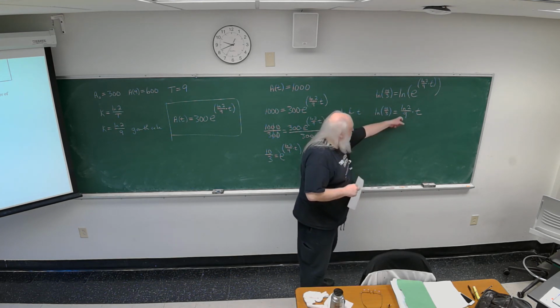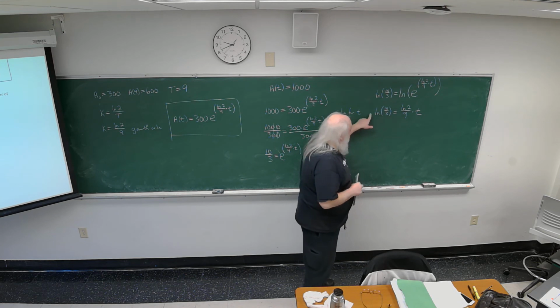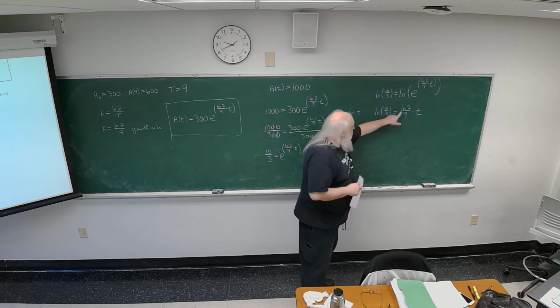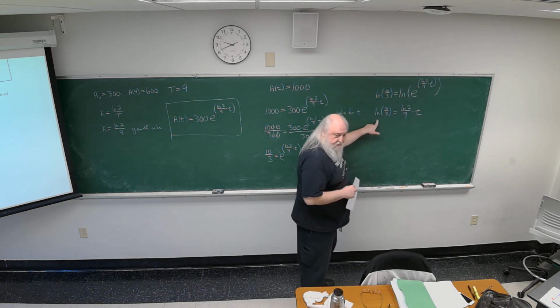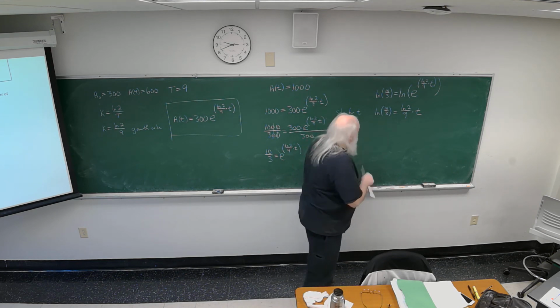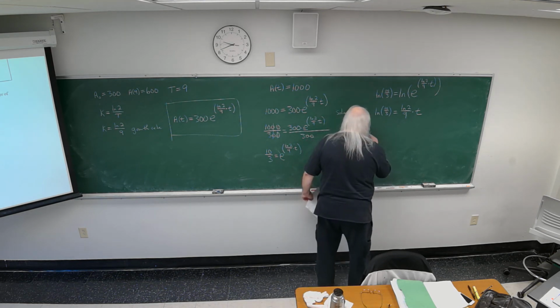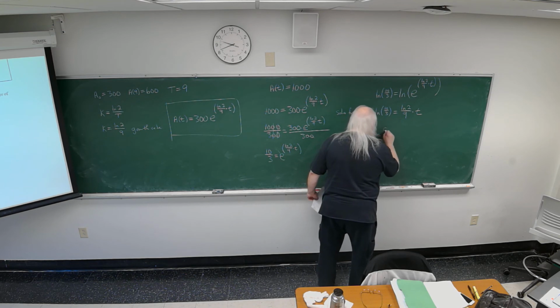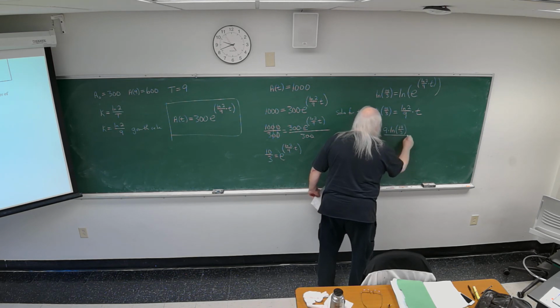Well, to solve for t on the right, multiply both sides by 9, divide both sides by the natural log of 2, and we have t is equal to 9 times the natural log of 10/3 over the natural log of 2.